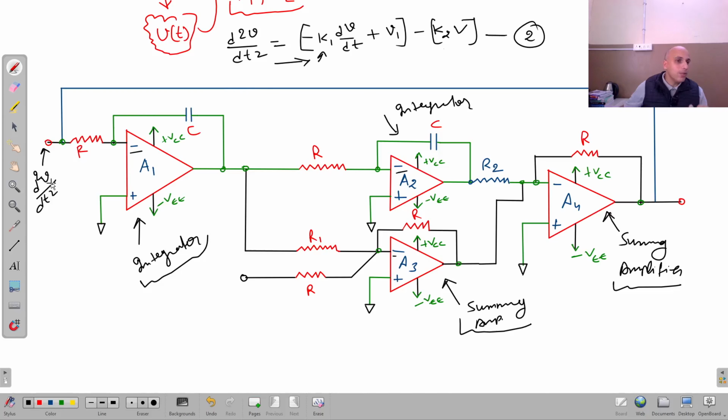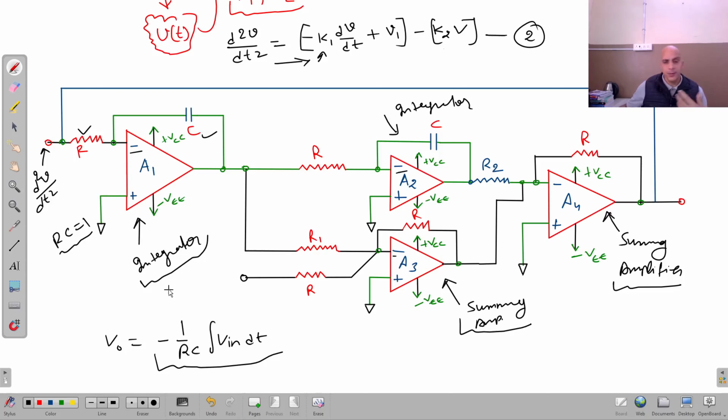Now when d square v upon dt square is applied at the input of this integrator, we know the output of the integrator is equal to minus 1 upon RC integration of v input dt, right? Now R and C, let's assume here that RC is equal to 1. They are chosen in such a way that their product is 1.